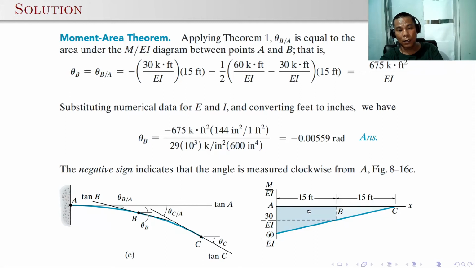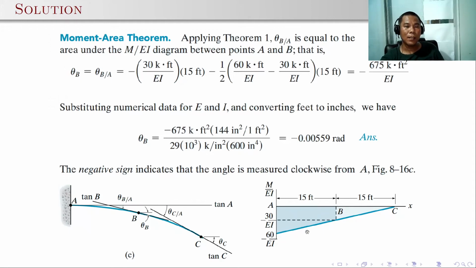This darker shaded portion is actually a trapezoid, but as we discussed last time, a trapezoid is sometimes difficult, so it's easier if we divide it into simpler shapes, like a rectangle, 15 by 30, and a triangle, 60 minus 30 or 30 by 15.